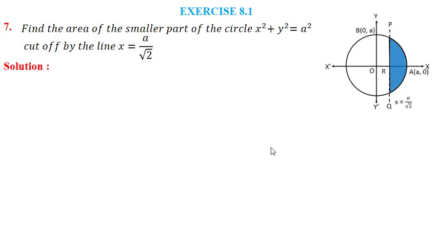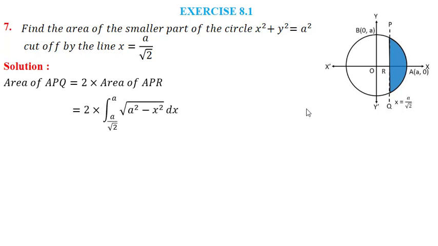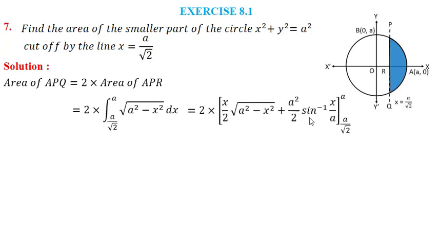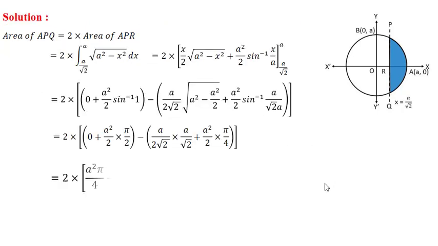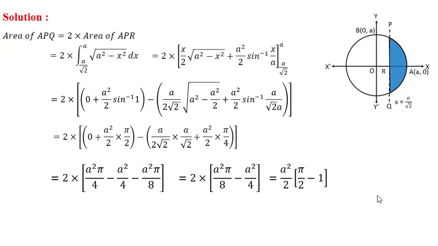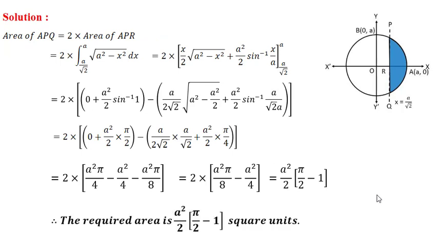The area above x-axis is between x equal to a upon root 2 and x equal to a, and the equation of curve is y equal to root of a square minus x square. Again the problem is simple, you have to apply the formula and you will get the answer. Here we are getting the answer as a square upon 2 into (pi by 2 minus 1). I recommend that you try to solve this problem yourself.